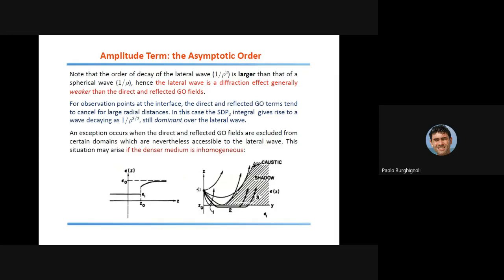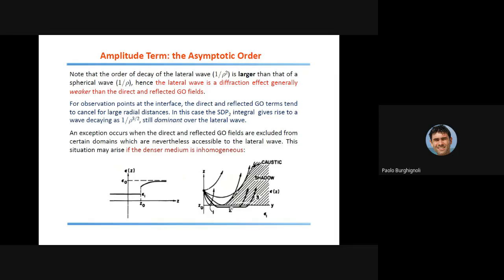And so there occurs a shadow region which cannot be reached directly by any of the rays that originate from the source. So the geometrical optics dominant asymptotic term, which is associated with rays emanating from the source, does not reach this shadow region. However, this shadow region can be reached by the lateral wave, because you may consider, for example, this ray here with this thicker line that impinges upon the interface at the critical angle.